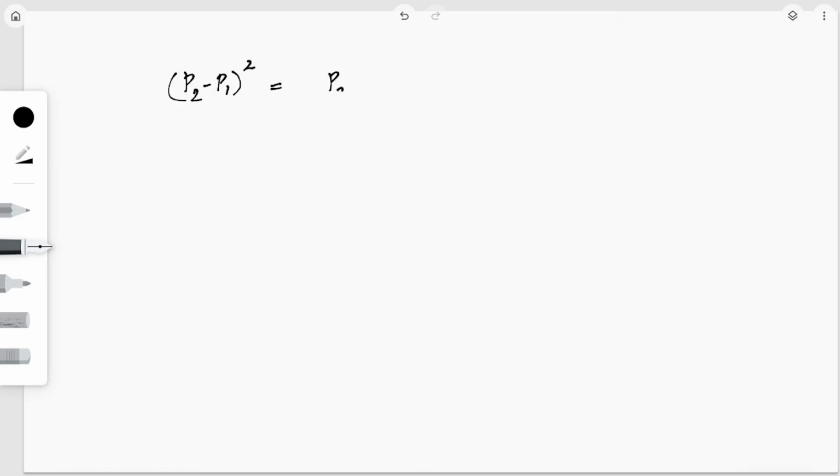So this is nothing but P2 square minus 2 P2 P1 plus P1 square. P2 and P1 are orthoprojections, and this is equal to P1, right? And this is P1. So this is nothing but P2 minus P1. So P2 minus P1 is again an orthoprojection.